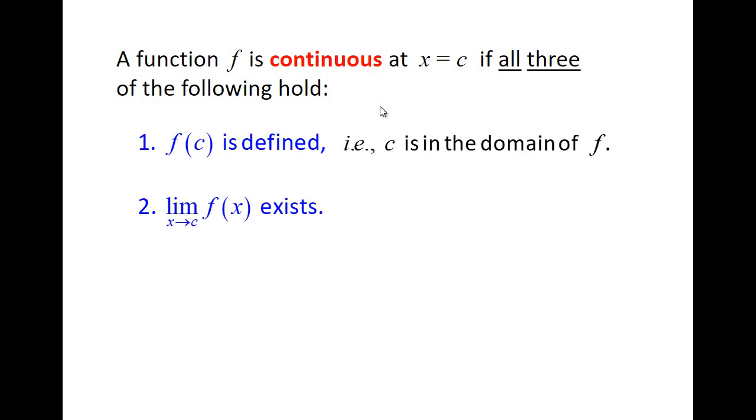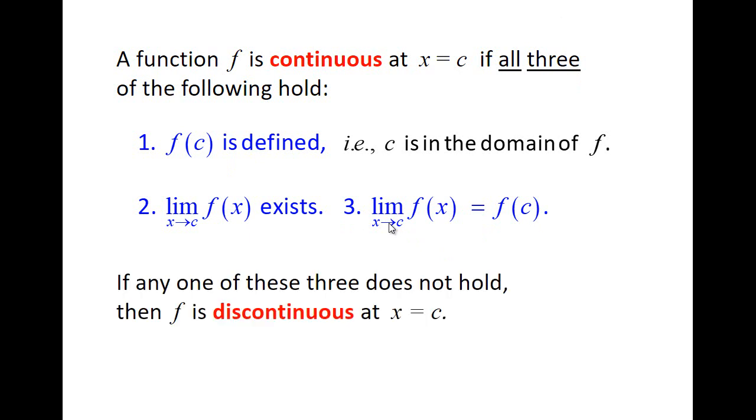Number two, the limit of f as x approaches c exists, and number three, the limit of f at c is equal to the value of the function f at c. So the limit of f at c is equal to f of c. If these three conditions hold, then we say that f is continuous at c.